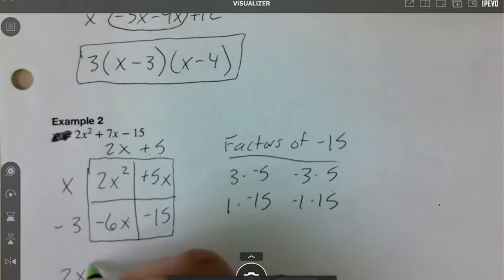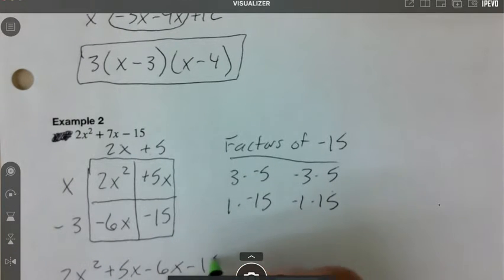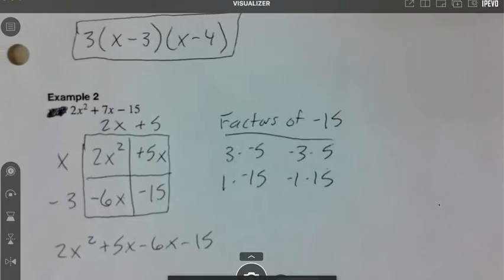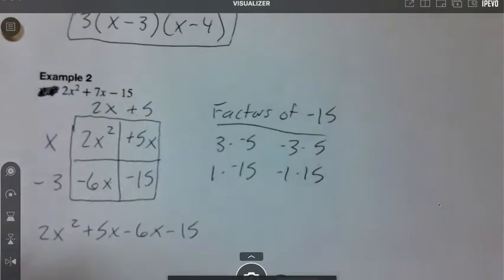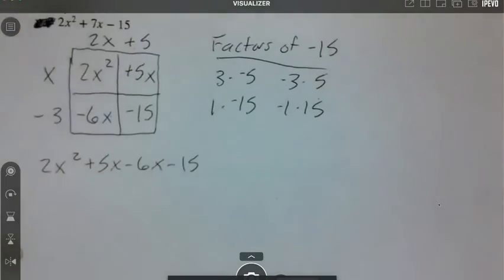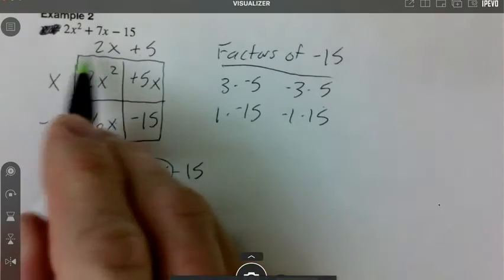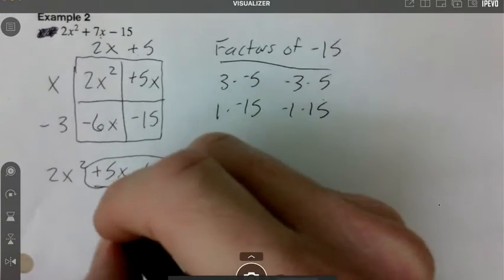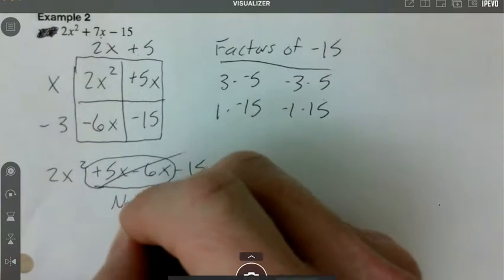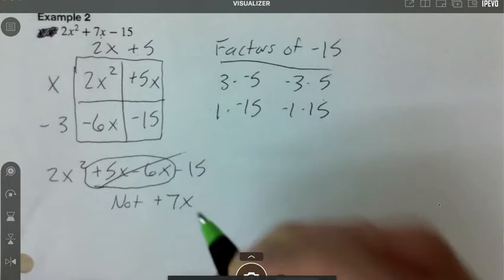And so I end up with 2x squared plus 5x minus 6x minus 15. Well, there is no way that plus 5x minus 6x results in positive 7x. So this one doesn't work.